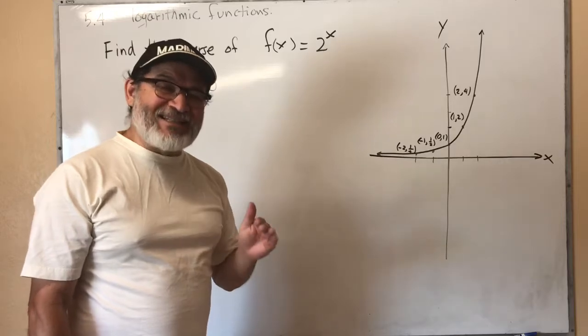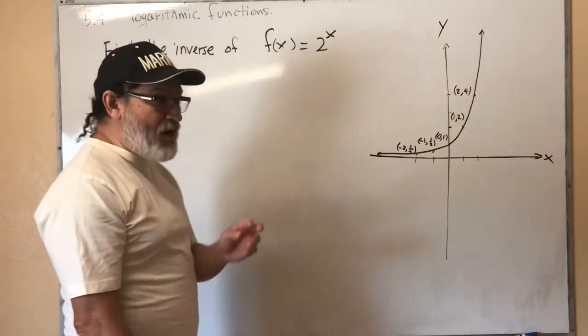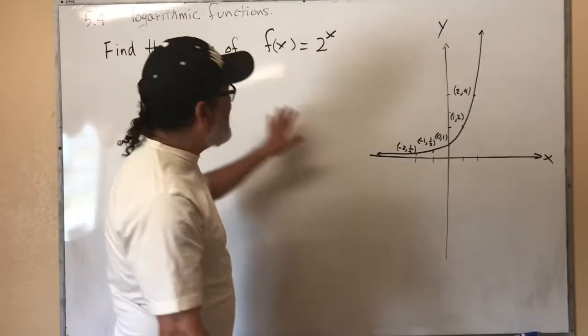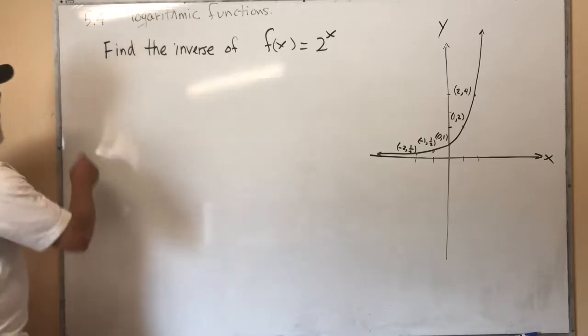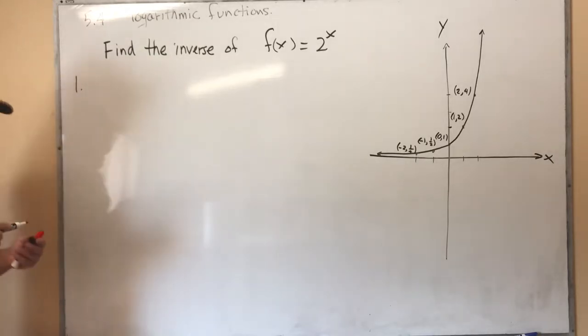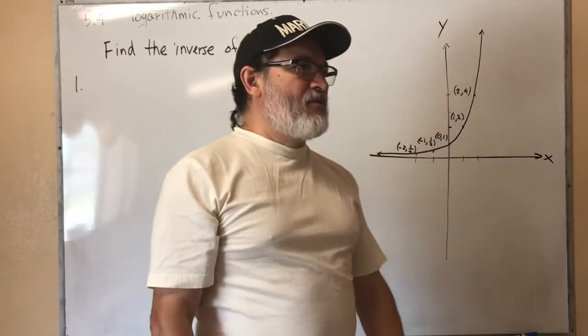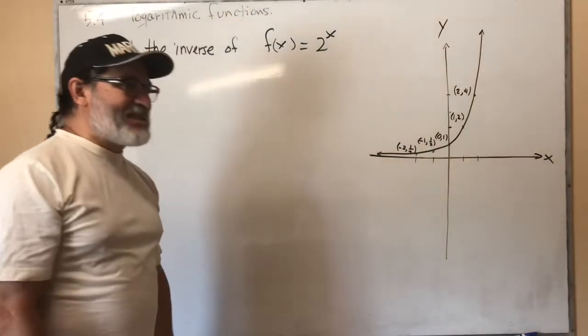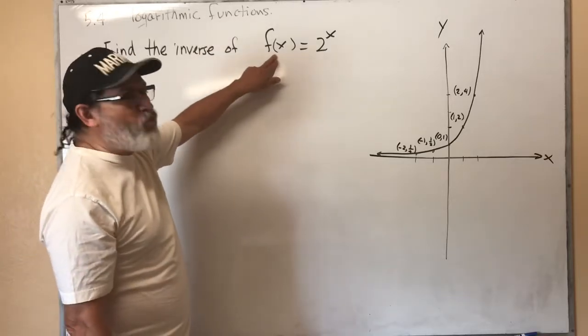You can find its inverse. Remember how to find its inverse? Let's find the inverse of this. What's step number one? If you go back to the last video, we said step number one, call this y.